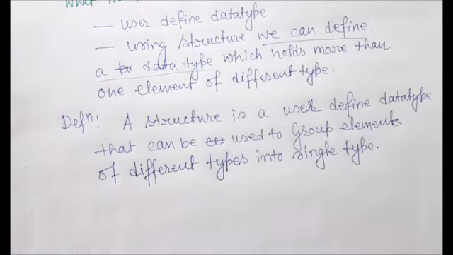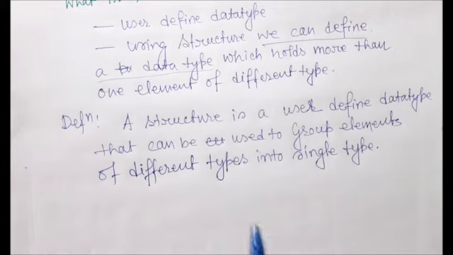I think the definition is clear. First we have to think that it is a user defined data type. That means with the help of structure we can create our own data type. And what is the advantage? By using structure we can create or develop our data type which can hold elements of different types.